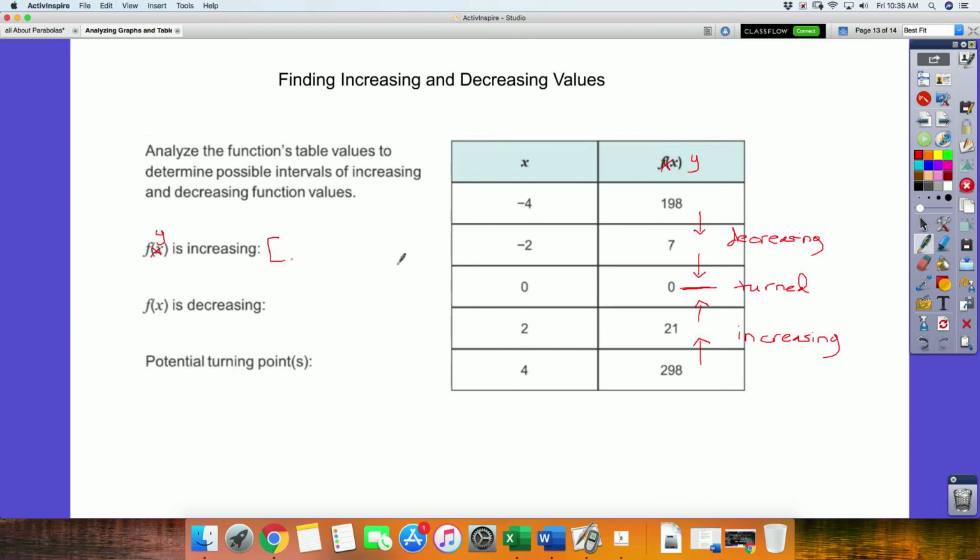So increasing, it started going up at 0 when it turned, and it increased to 4. And decreasing, got to go backwards up here from -4 to 0. So notice right here, those zeros, that becomes our potential turning point. When x was 0, the y was also 0. So don't be afraid to mark these little arrows to help you see when is it going up, when is it going down, and then we're still using our good friend interval notation.